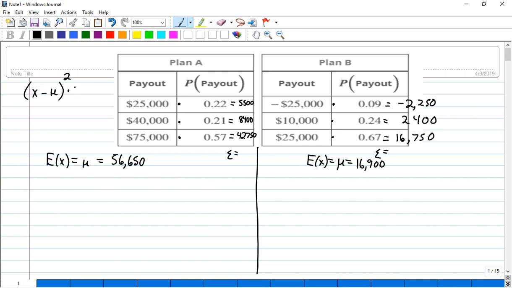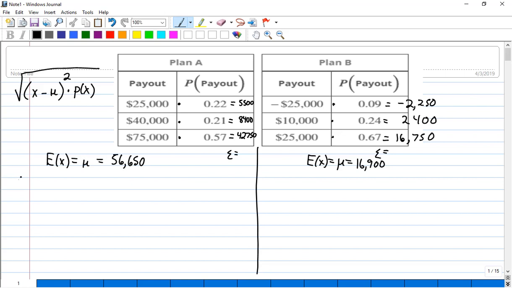So times our p of x. So we're going to do that for each value and then sum those up. When you sum those up, that gives you the variance, and we'll take the square root of that. So we'll take the square root of all that, and that will give us the standard deviation. All right. So again, these calculations take a little while. I've already done all of these in my calculator.